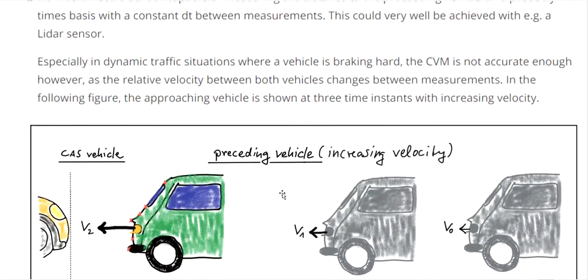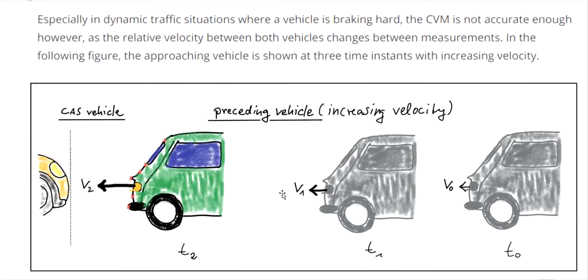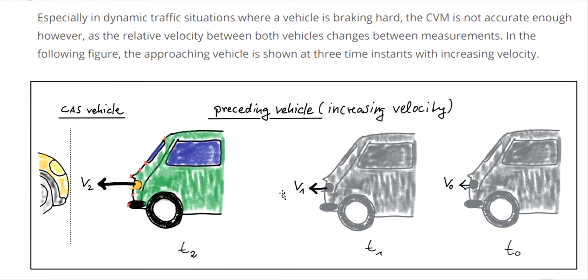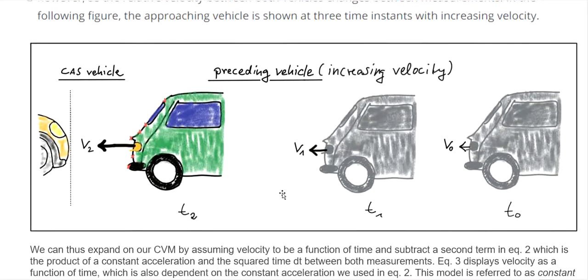In dynamic traffic situations where the vehicle is braking hard, the constant velocity model is not accurate enough, because the relative velocity between both vehicles changes between the measurements. You can see here the increase in velocity. It's not constant velocity anymore. It has constant acceleration.